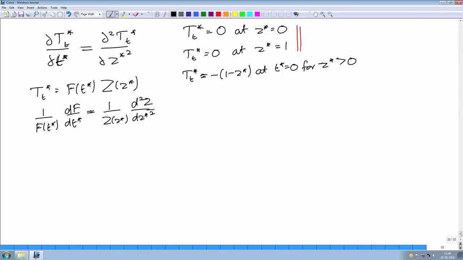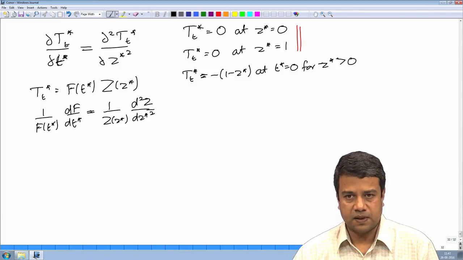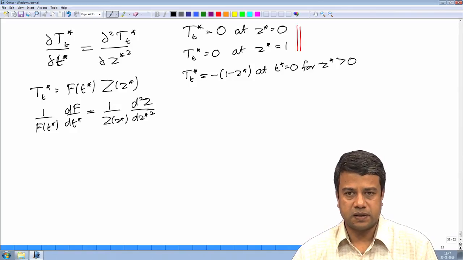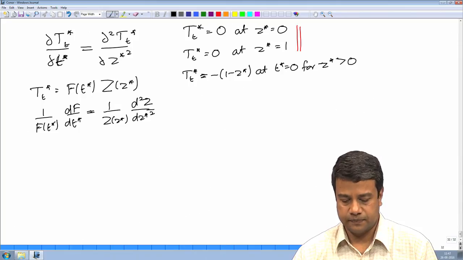Both of these sides have to be equal. The left side is only a function of time, the right side is only a function of z. These will be equal only if both are constants, because if I keep time constant and change z, then the left side does not change, the right side changes, and vice versa. So, both of these have to be constants.